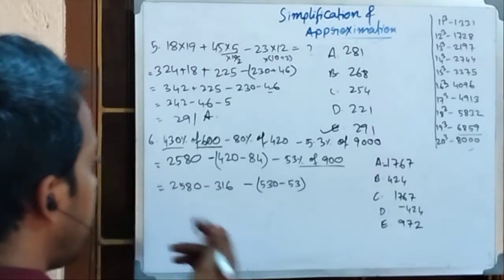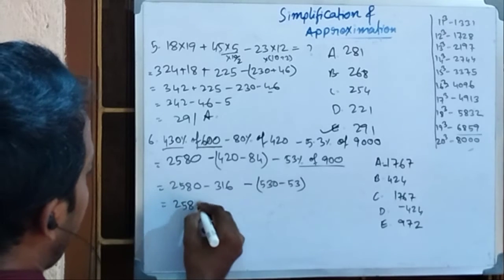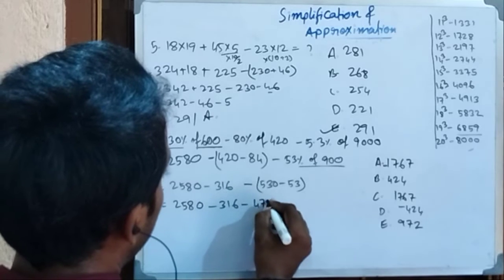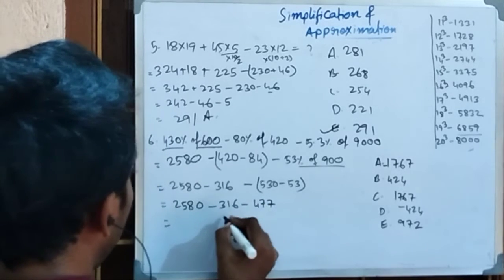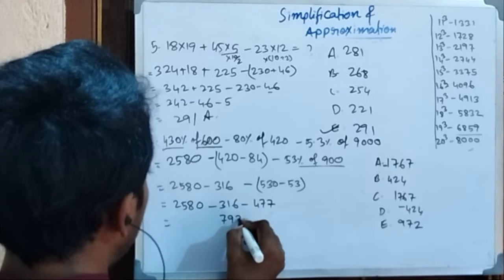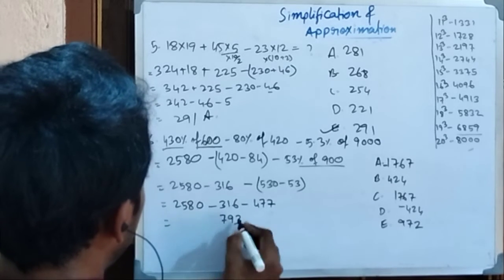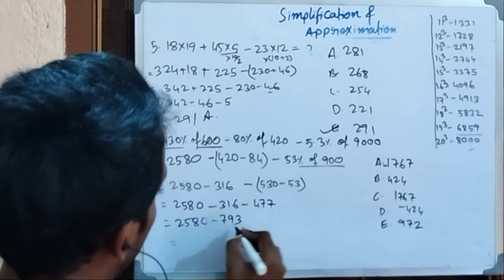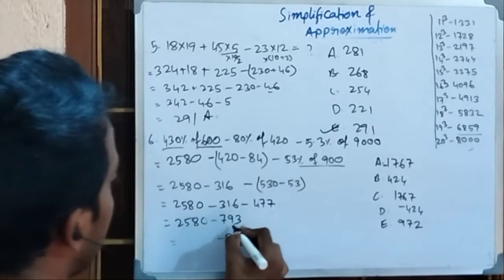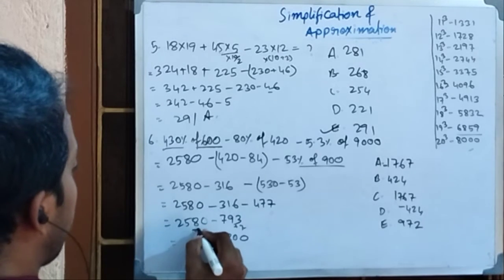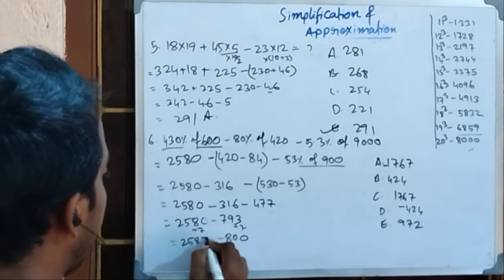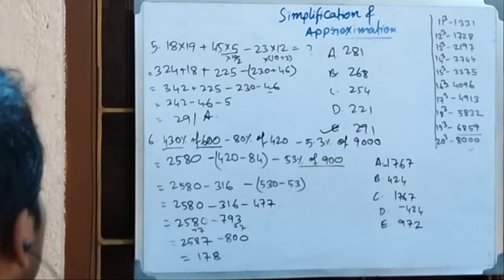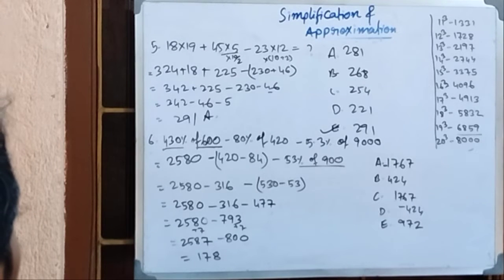Again 9 multiplication. So 2580 minus 316 minus 477. So this will become 793. Also, see, 2580 minus 793. What will I do? Minus 800, and we have taken plus 7 here, so we have to take plus 7 here as well. So 2587 minus 800, so 17. Okay.